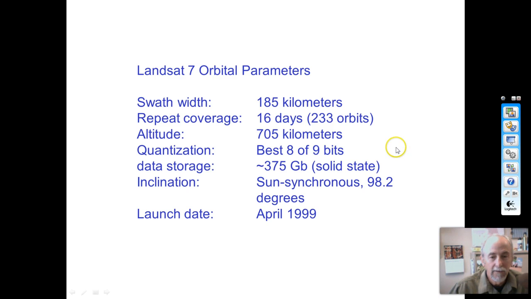So, you have a range of integer values from 0 to 255. And the data storage varies through the history of the program.